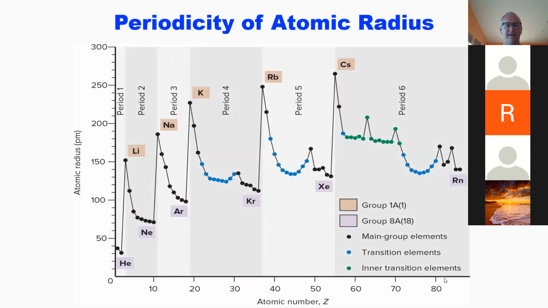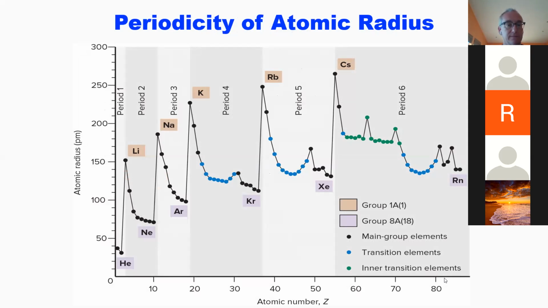And we can see this by looking at the periodicity. You remember why it's called the periodic table, because so many of the chemical structures and properties are periodic. They change as you go across or up and down.